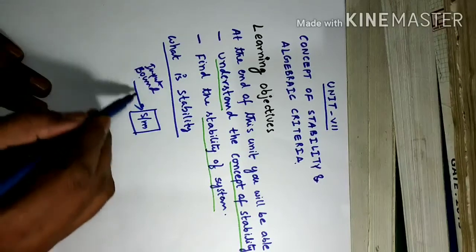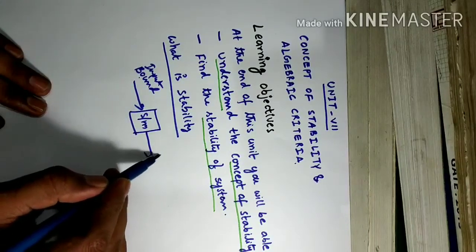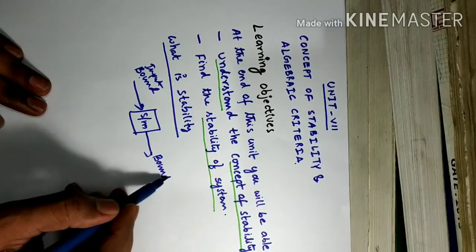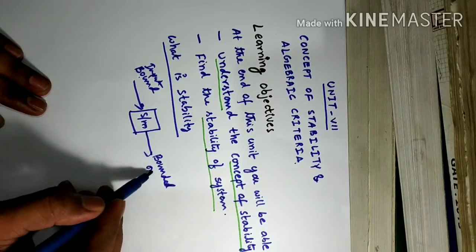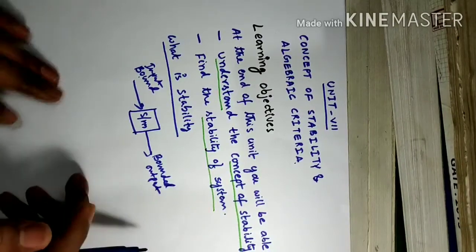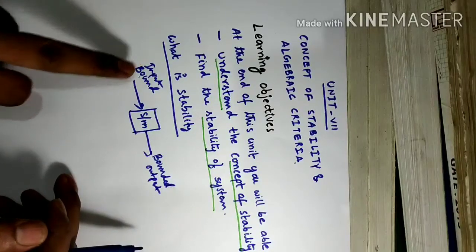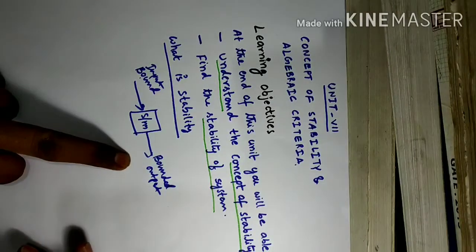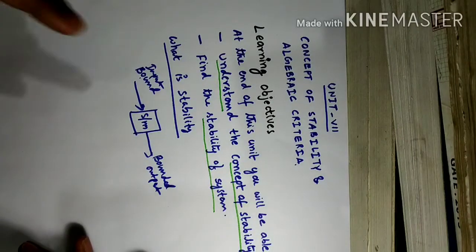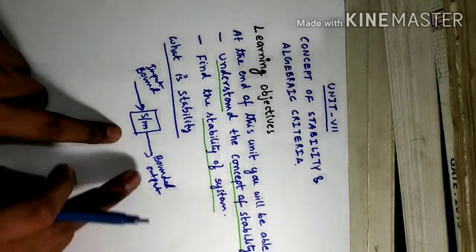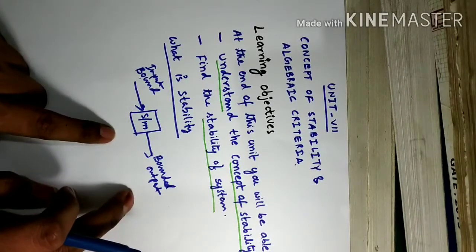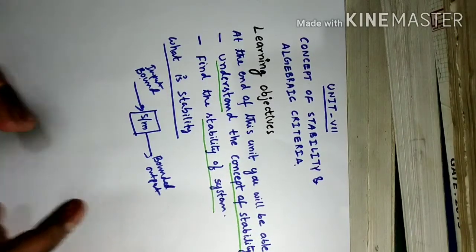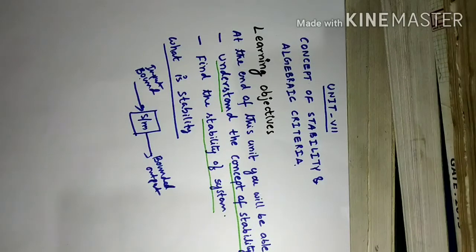If we give an unbounded input, you may get an unbounded output. So this is stability. We see some other similar definitions also.